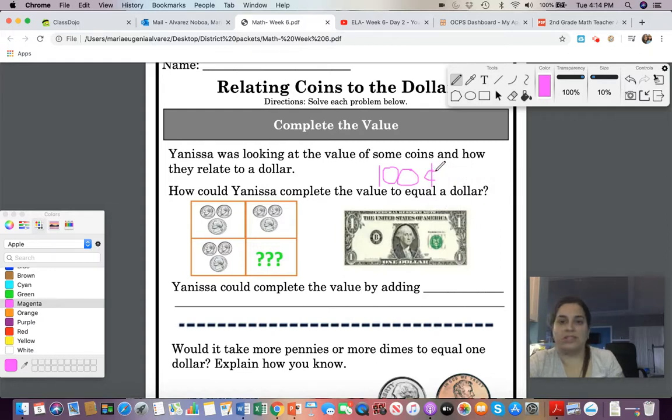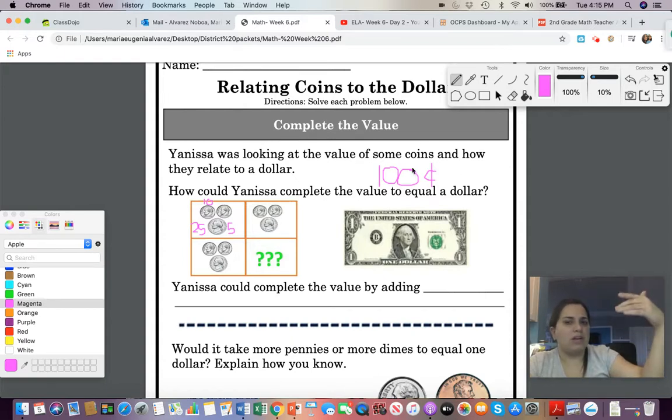All right, 100 cents. So Yanisa has 2 dimes and a nickel, and remember that dimes are worth 10 and nickels are worth 5. So 10, 10, and 5 are 25. And if this is the same combination, then this is 25, this is 25.